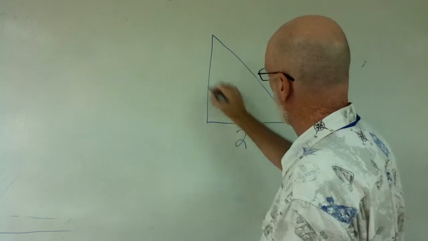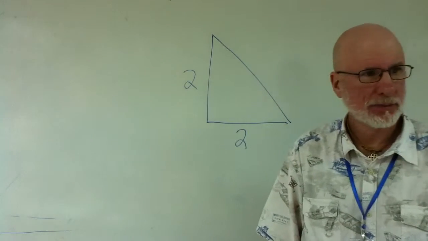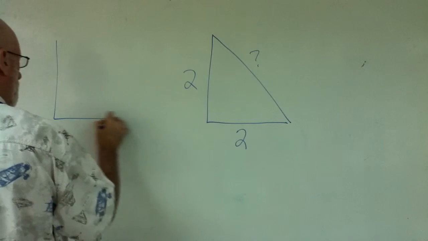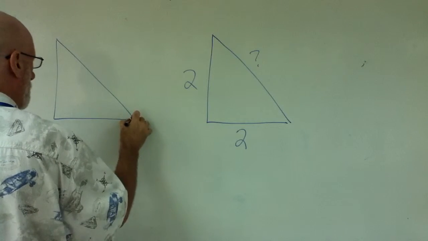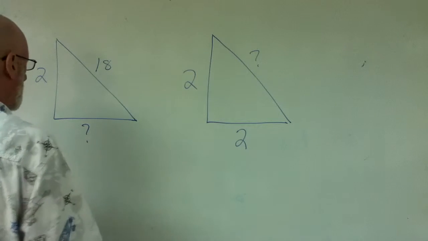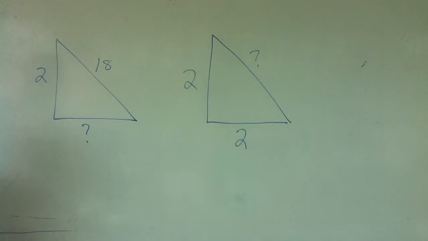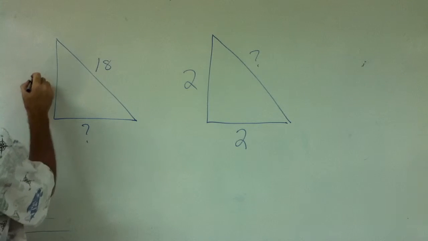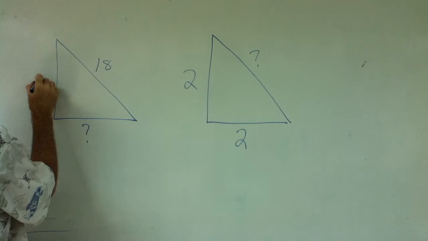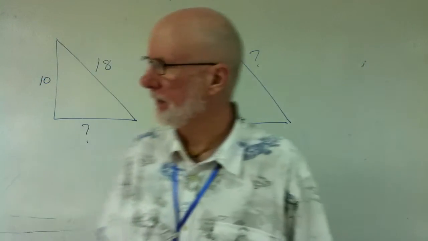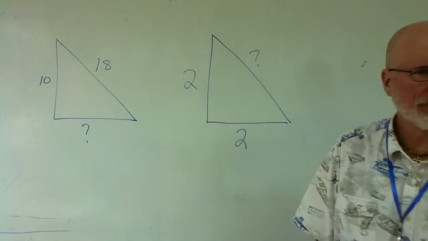This is 2. This is 2. What's this going to be? And then let's say this is 18. This is 2. And what's that going to be? And that doesn't look very nice, does it? Kind of ugly looking. Let's say this is 10. Okay? Do those 2.